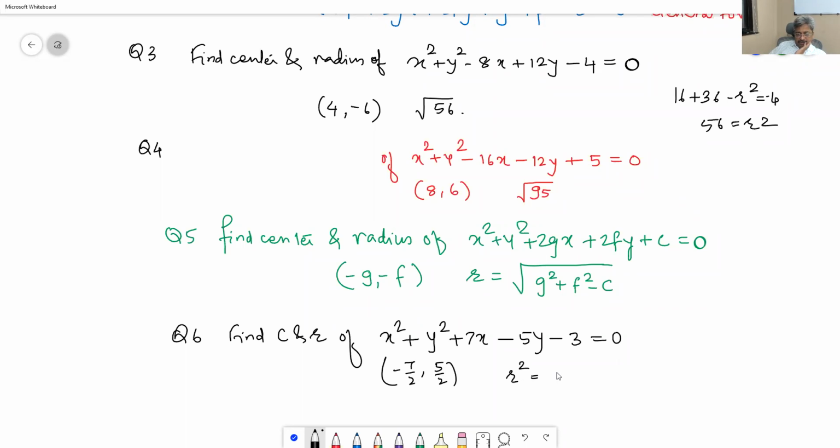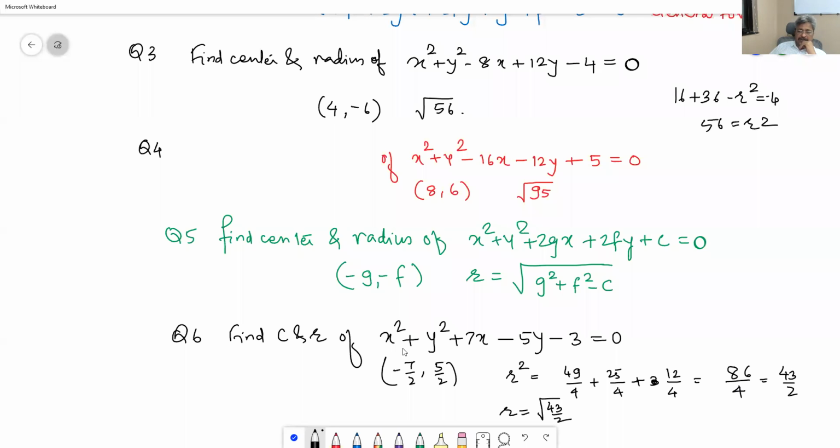Radius square is equal to 49 by 4 plus 25 by 4 minus c, that is plus 3. Plus 3 is 12 by 4. That makes it 86 upon 4, which is 43 upon 2. So r is equal to root 43 by 2.